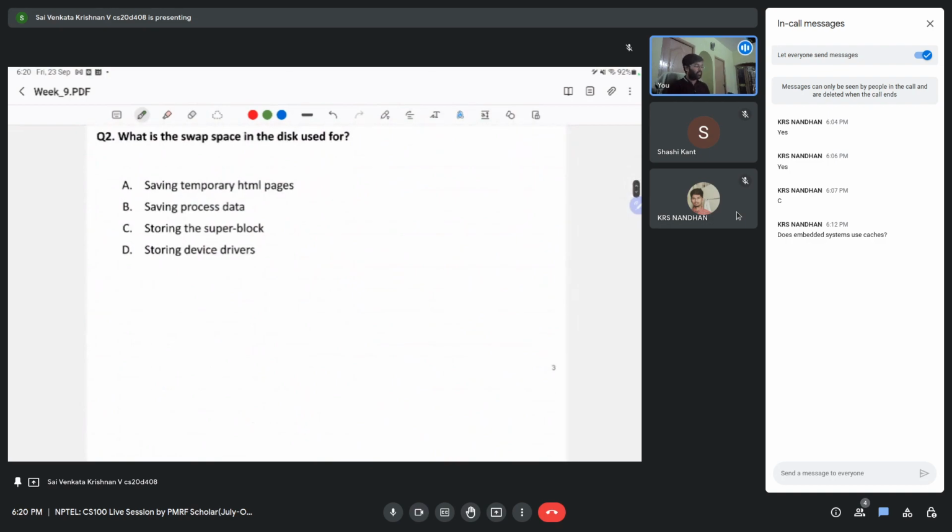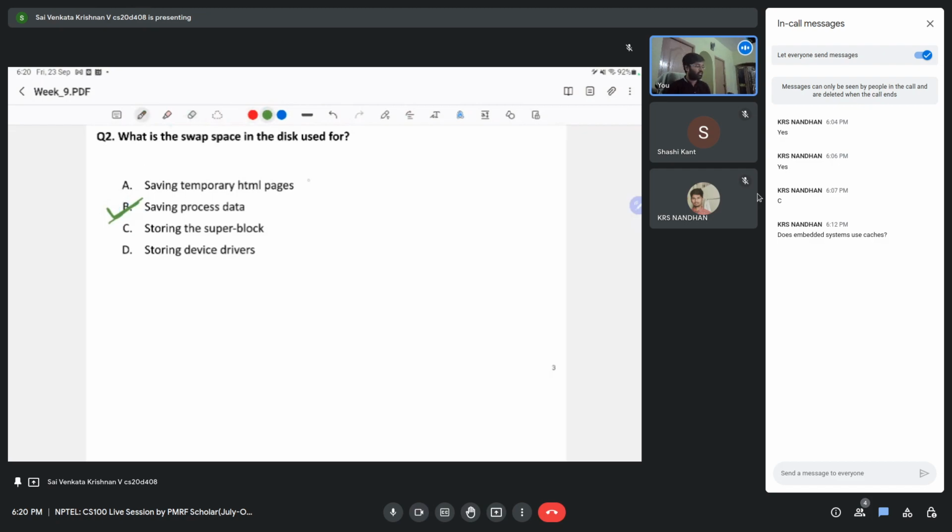What's the swap space in the disk used for? Is it used for saving temporary HTML pages, or is it used for saving process data? So Shashikant has mentioned option B. The correct answer is option B, which Shashikant had mentioned. The other options are wrong.